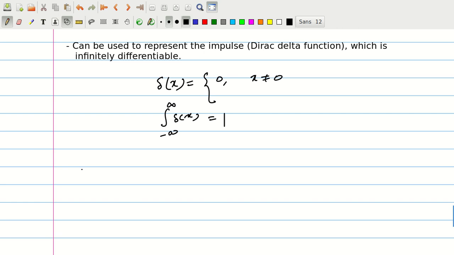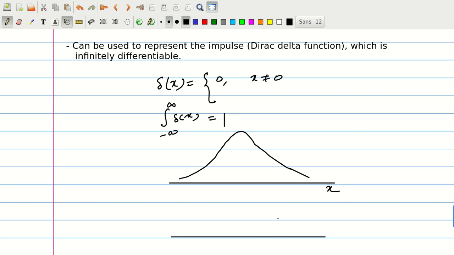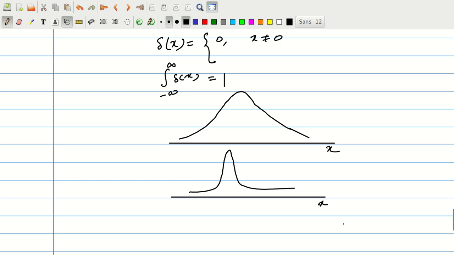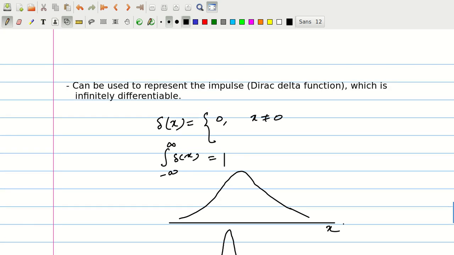When we look at the Gaussian PDF pictorially, it looks like a bell-shaped curve, and the spread of this curve depends on sigma. If sigma is made very small, it somewhat looks like an impulse. So, in the limit as sigma tends to 0, the PDF of a Gaussian random variable can be used to represent a Dirac delta function.